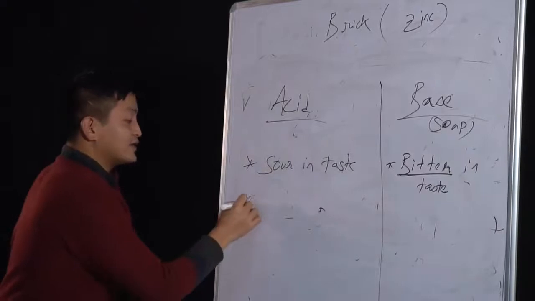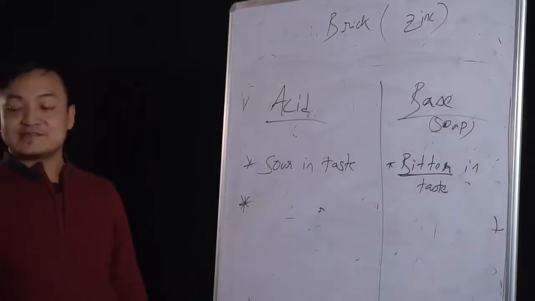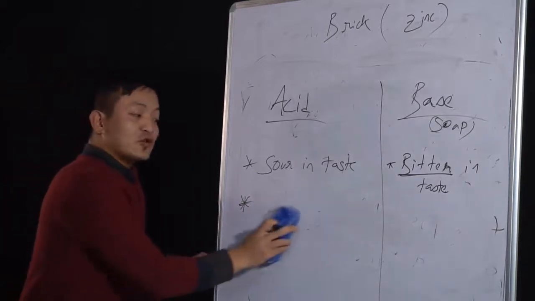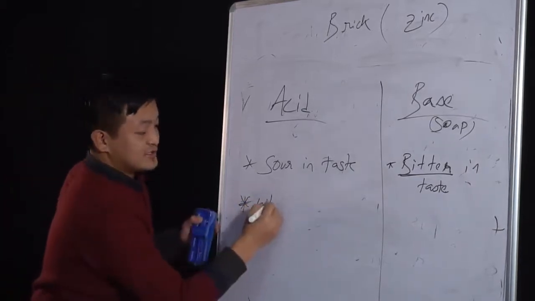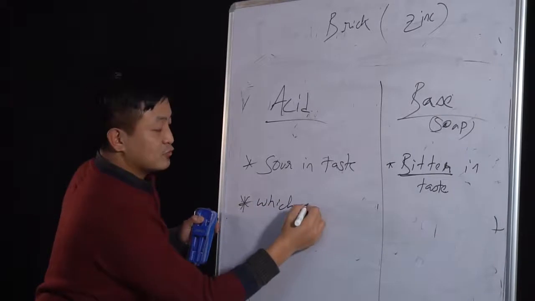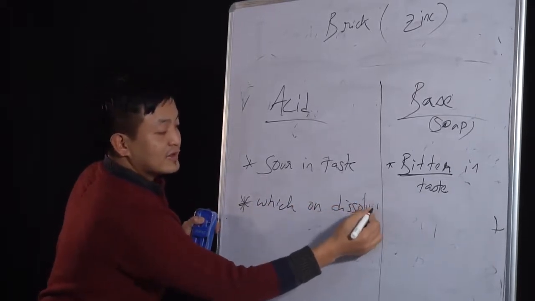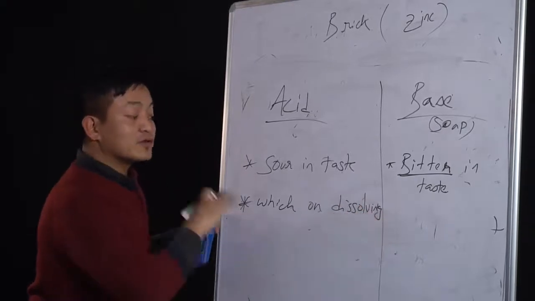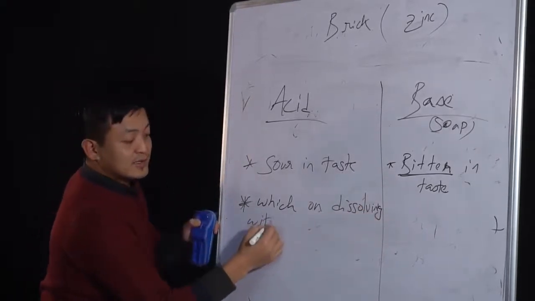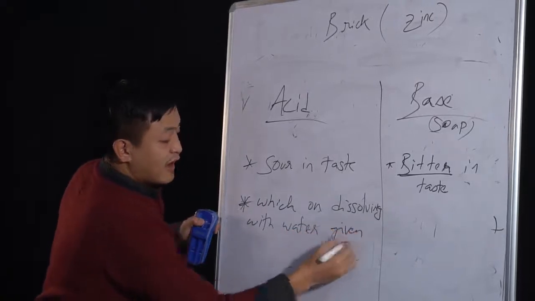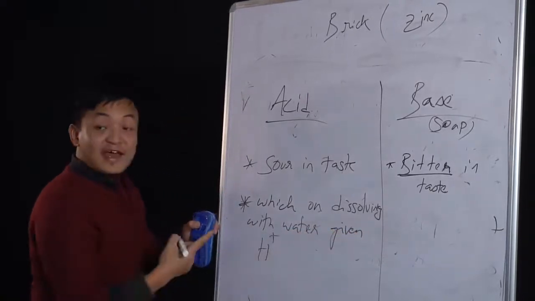Now, how do we get acid, or what is an acid? Acids are those which on dissolving in water, let me put it in very simple words, on dissolving in water, give hydrogen ions, H+.